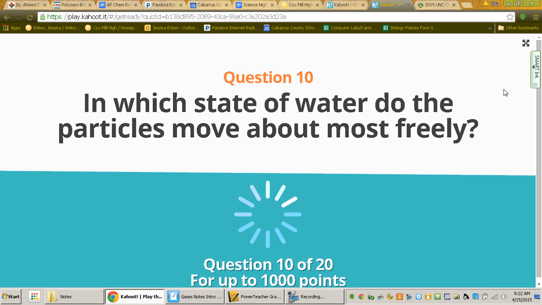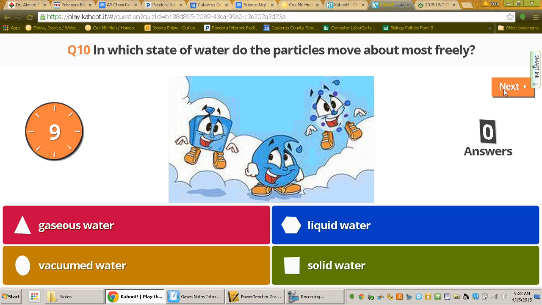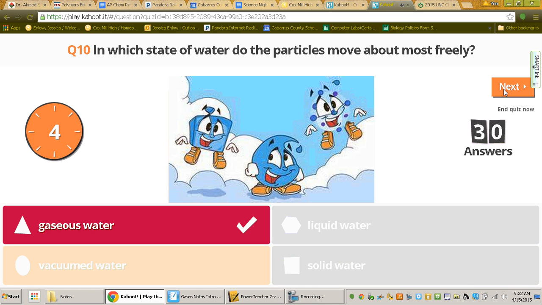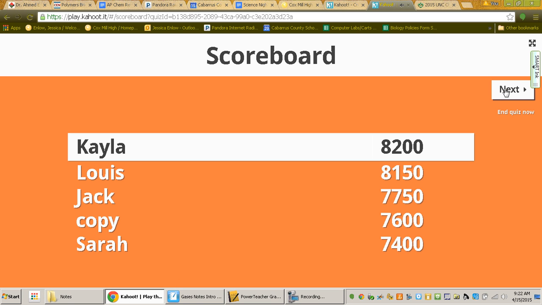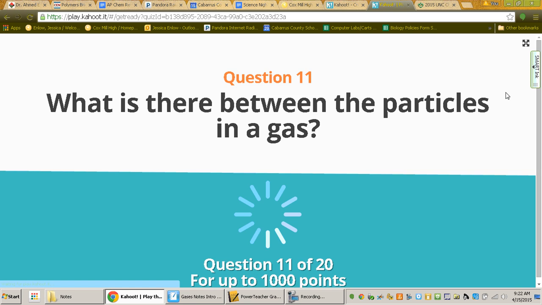Which state of water do the particles move about most freely? Gases.